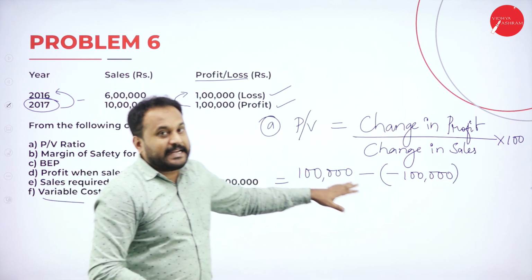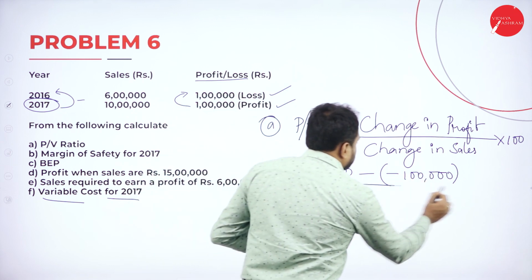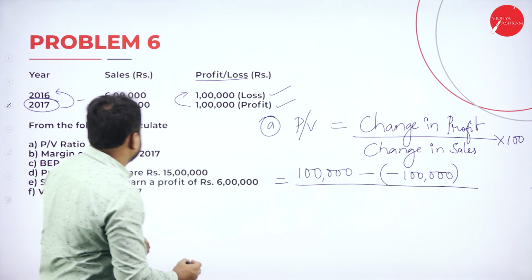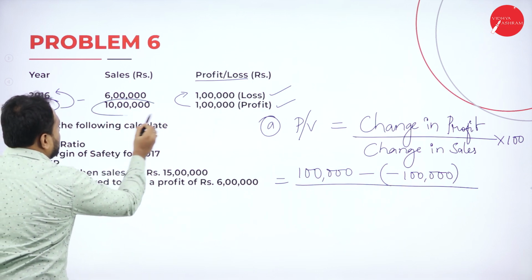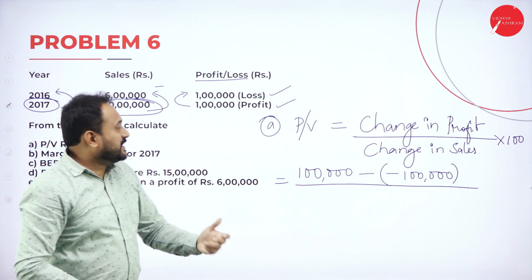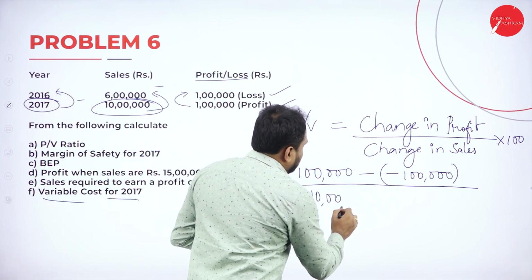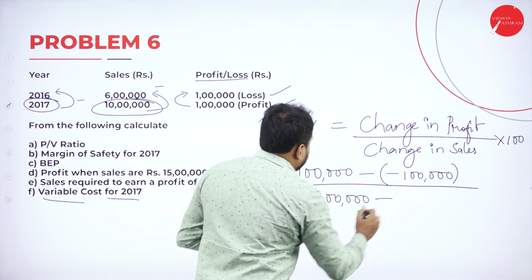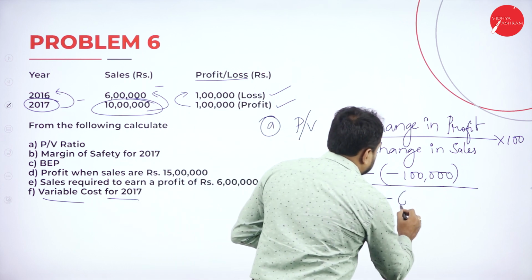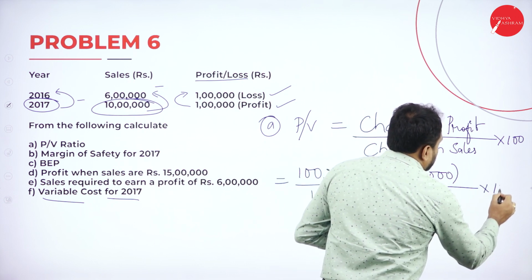1 lakh minus of minus 1 lakh, divided by change in sales. What is change in sales? You are supposed to go with current year minus the previous year. So it is 10 lakh minus 6 lakh, into 100.